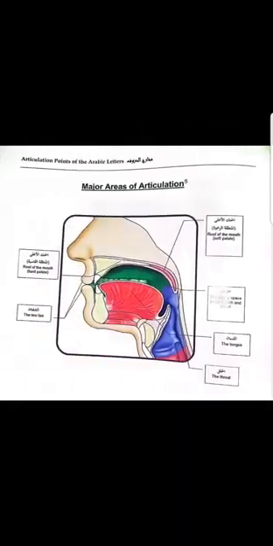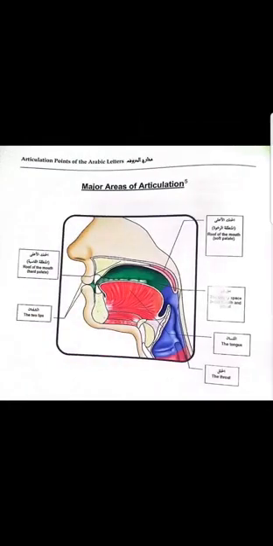The third one is al-fam, the mouth, and it includes al-hanak, the palate, al-lisan, the tongue, al-asnan, the teeth, and ash-shafatan, the two lips. And the fourth one is al-khayshum, the nasal passage.